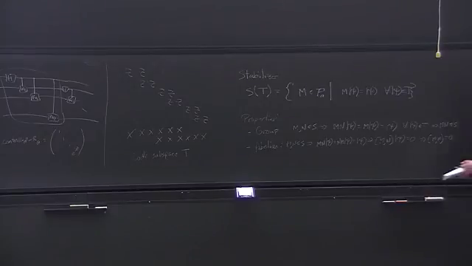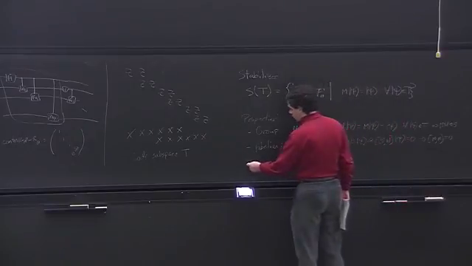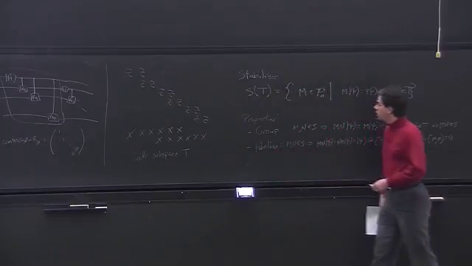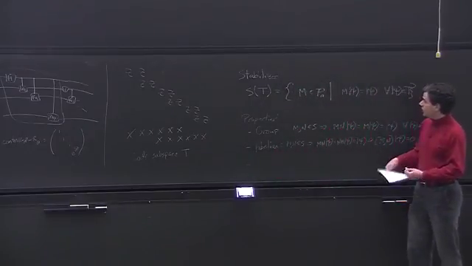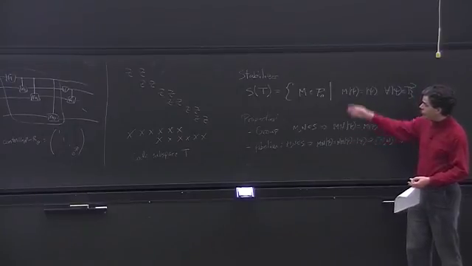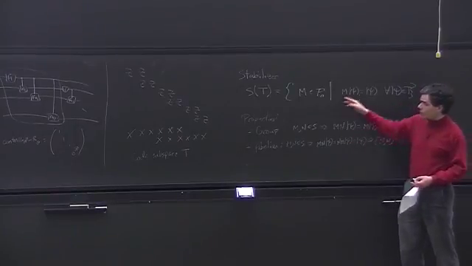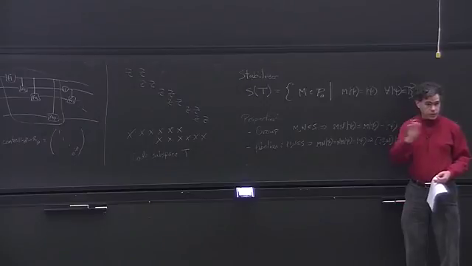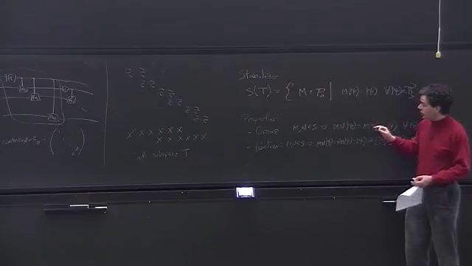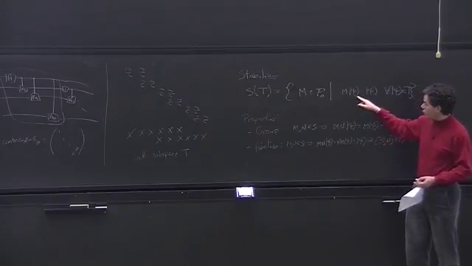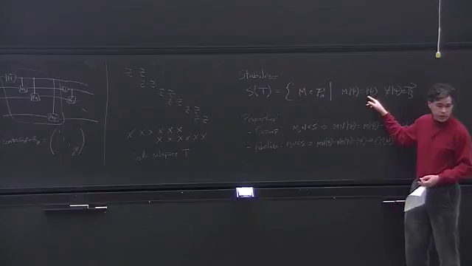And I guess there's one more kind of obvious property of the stabilizer, which is that, well, it's a subgroup of the Pauli group, but remember the Pauli group consists of tensor products of Paulis with a phase plus or minus 1, plus or minus i. But the phase is pretty highly constrained in this case because we want operators that have +1 eigenvalues.